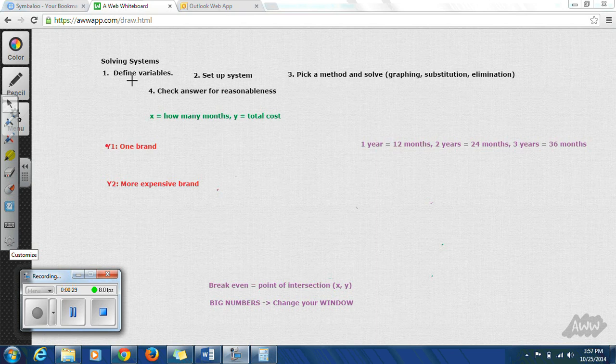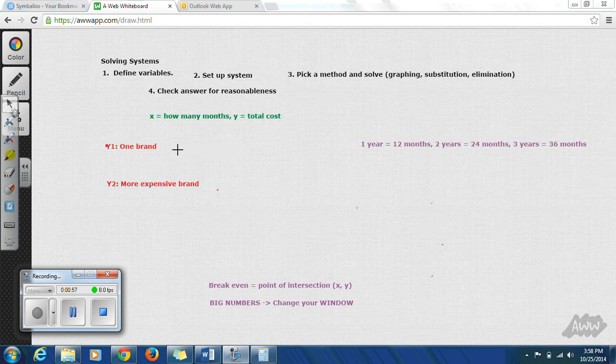Step 1 of solving systems still is defining variables. This time, looking at the information given, the things that we should be comparing is how much it's going to cost for one brand freezer, and we can figure that out based off of how many months we are looking at. So the first brand tells us it's going to cost $1800 to purchase it.